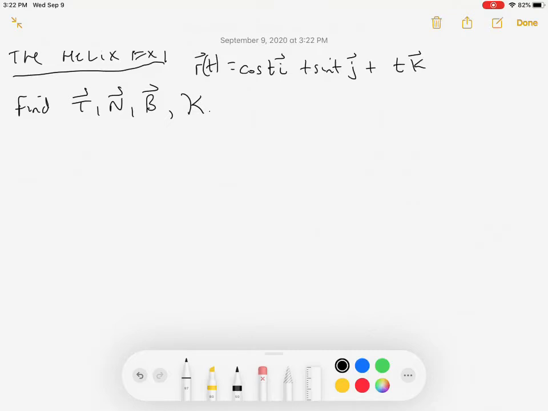And then I'm going to throw this into GeoGebra, and we'll take a look at the animation of what goes on with these TNB vectors and kappa. So, all right, let's do this.